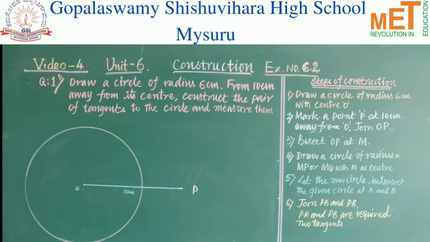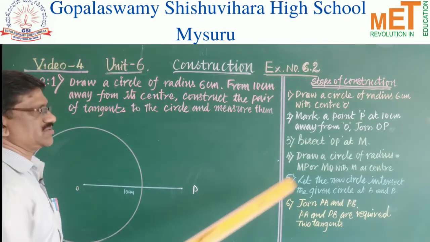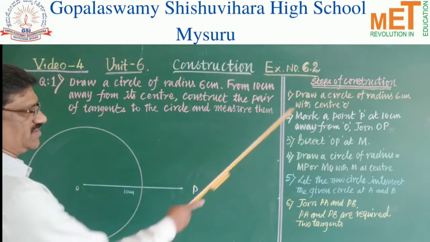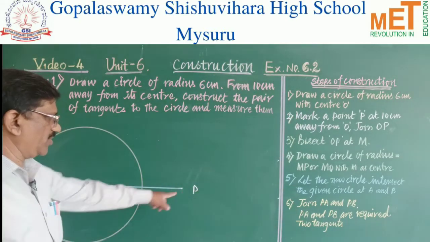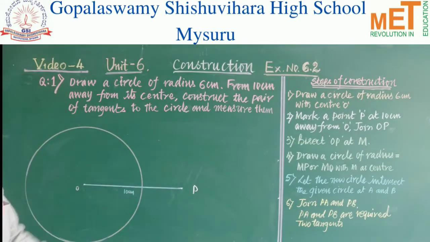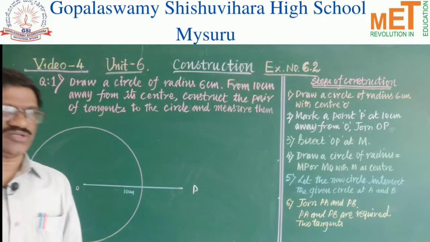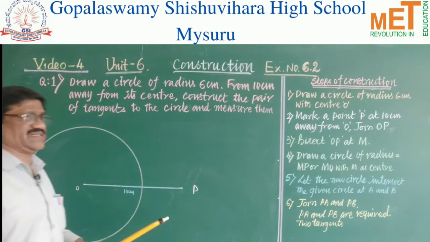Now, we have drawn the first step, and in the second step we have marked a point P that is 10 centimeter away from the center.